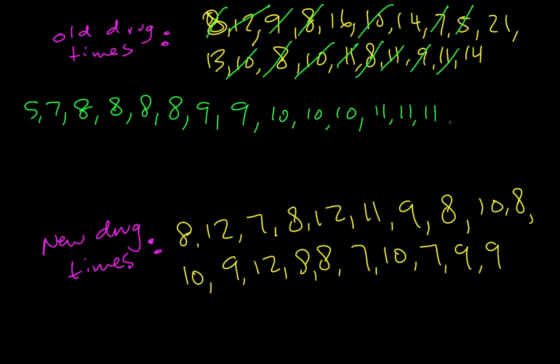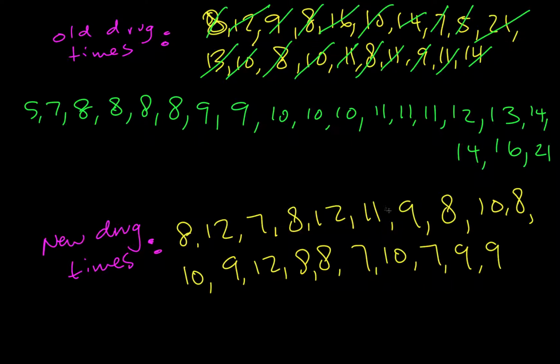We got a 12, a 13, 14. I almost forgot: 16 and 21. Oh, we had 2 14s. 14, 14, 16, 21. Okay, I think I got all that data, and now we're going to look at this.